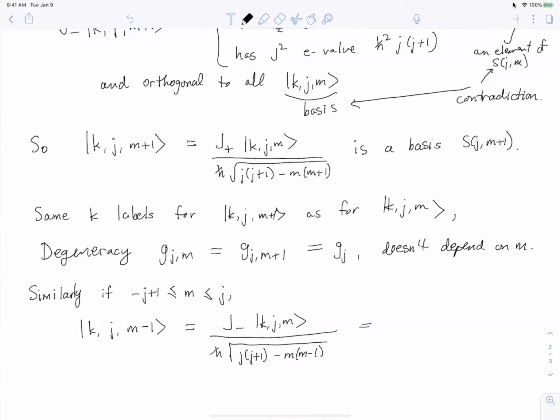Okay, and those are a basis for S_j,m minus 1, that subspace.